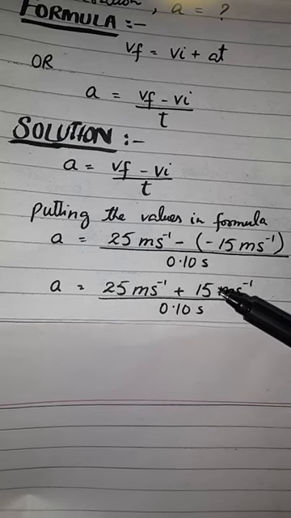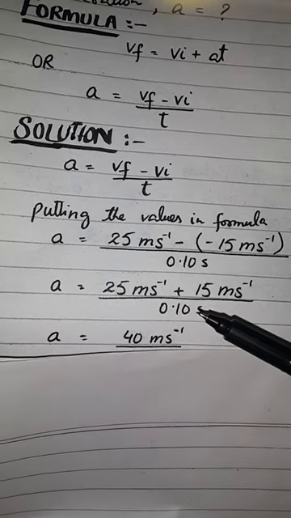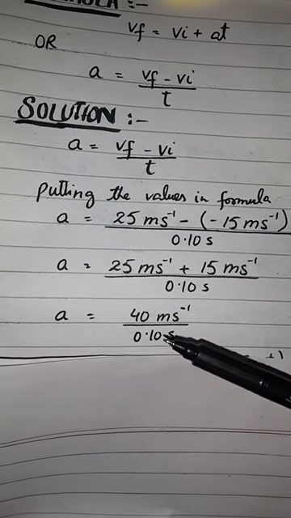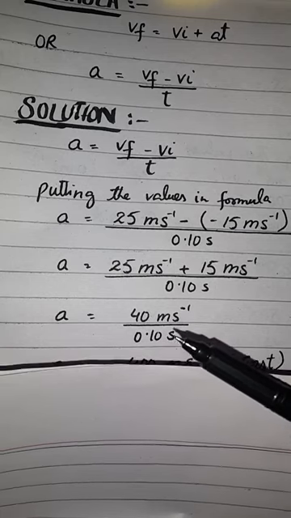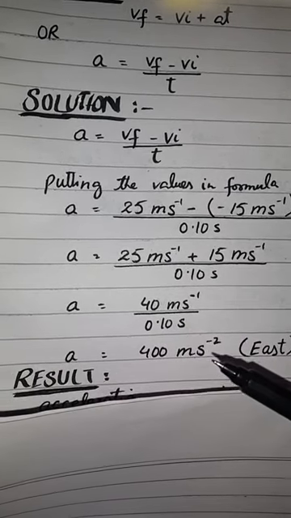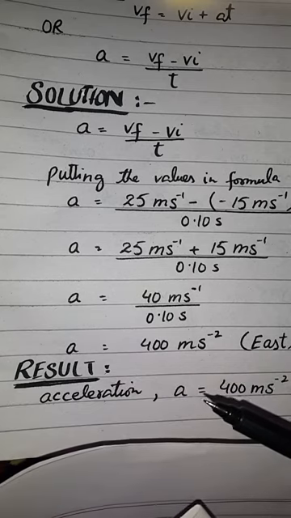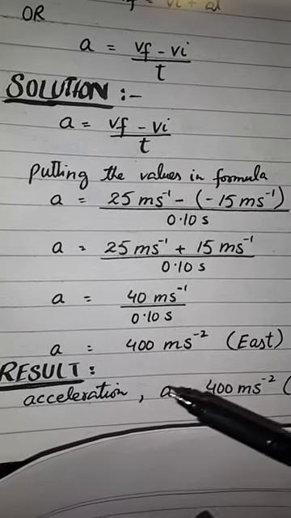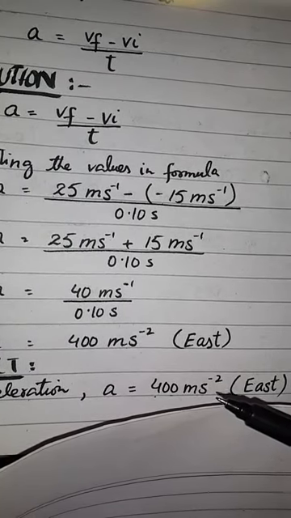Now 25 plus 15 equals 40 meter per second divided by 0.10 second. When we divide 40 by 0.10 we get 400 meter per second square towards east. Our result is acceleration A equals 400 meter per second square towards east. Clear to you?